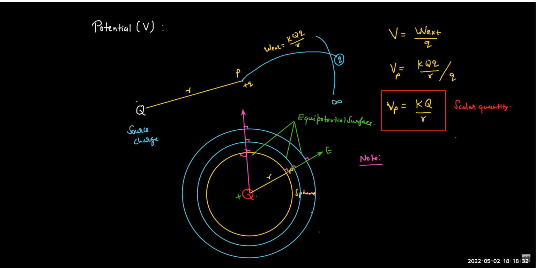If I choose a small patch here, the electric field is normal to this patch. Understood? It is also normal to this patch, which is part of the other surface, and you can draw infinite such lines, right? Infinite electric field lines.